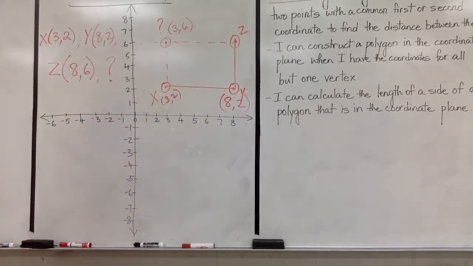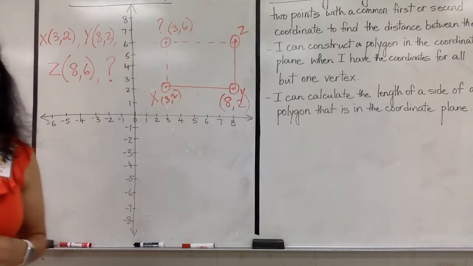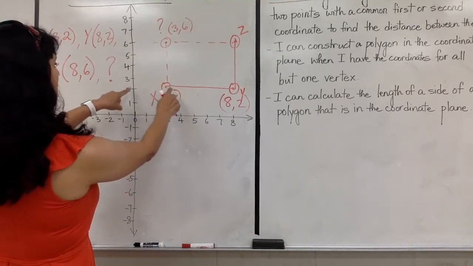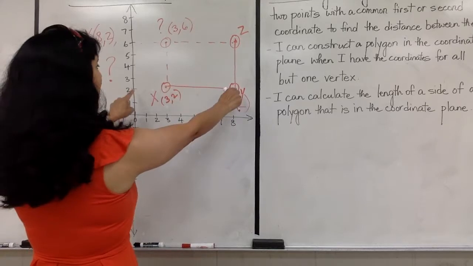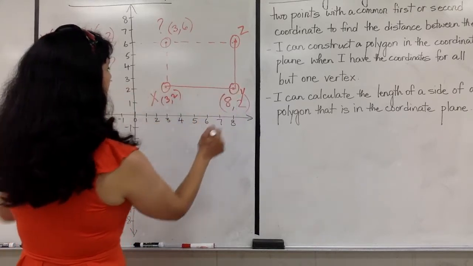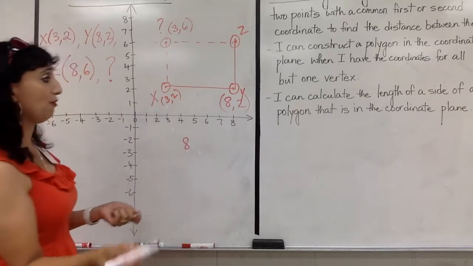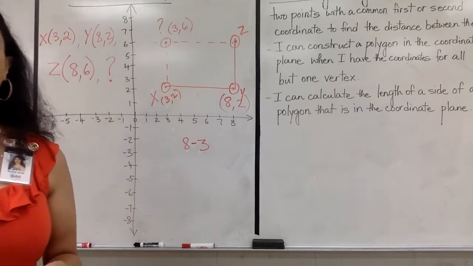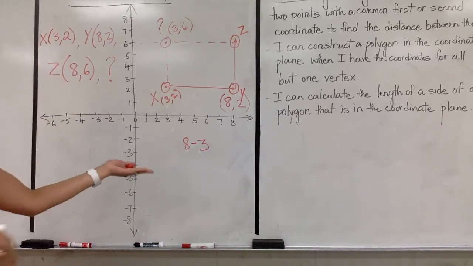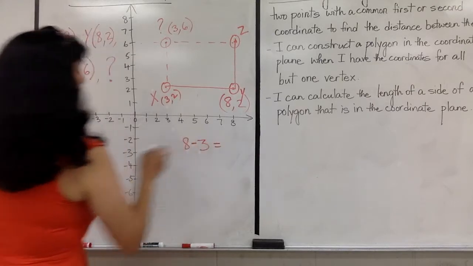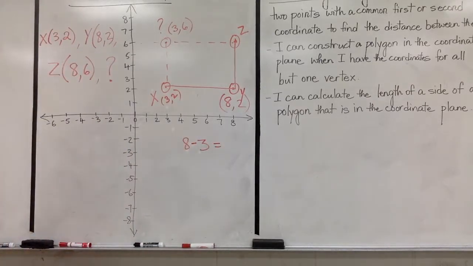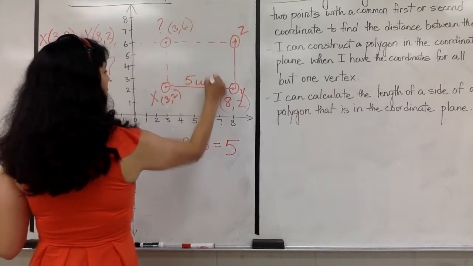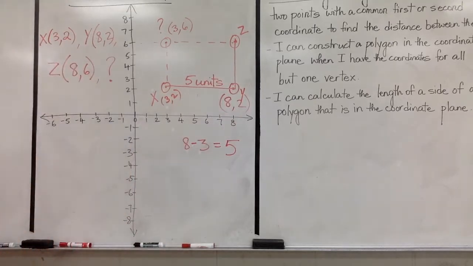If I ask you for the length, we just did the distance yesterday, so I'm looking at my absolute value over here, this is going to be 3, over here it is 8, that's the distance. And so if I do the absolute value of 8 minus the absolute value of 3, because we know the absolute value of anything is going to be in a positive state, and then if I do 8 minus 3 I get 5, so my distance over here is 5 units. Okay, so I just wanted to show that to you.